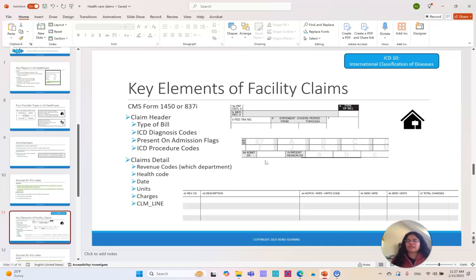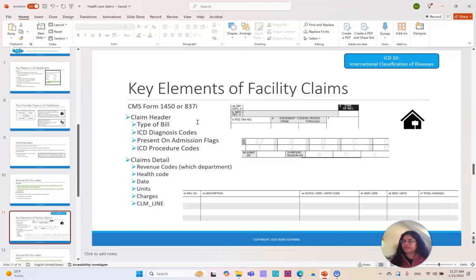So the whole purpose of the form is to invoice, and it is invoicing for the treatment given to the patient based on the diagnosis. And there are two portions to the form.